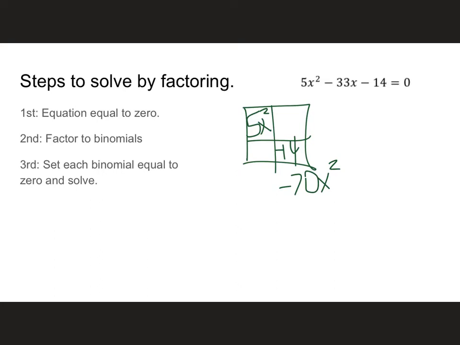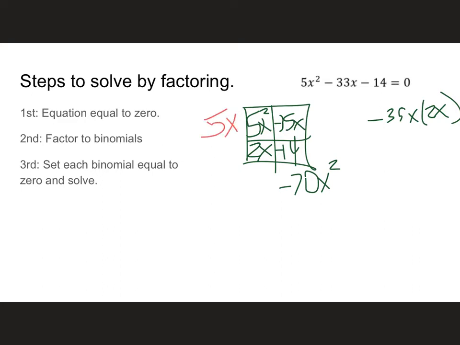So, negative 35x and 2x would make negative 70x and add to negative 33. So I know we're going to use negative 35x and positive 2x. On the first row, the greatest common factor we have between those is actually 5x.